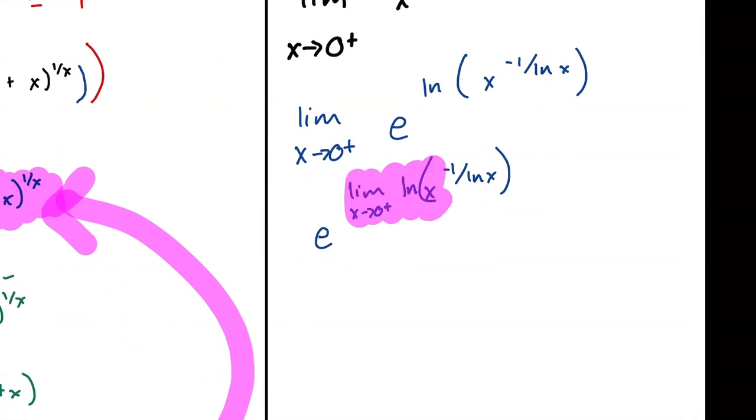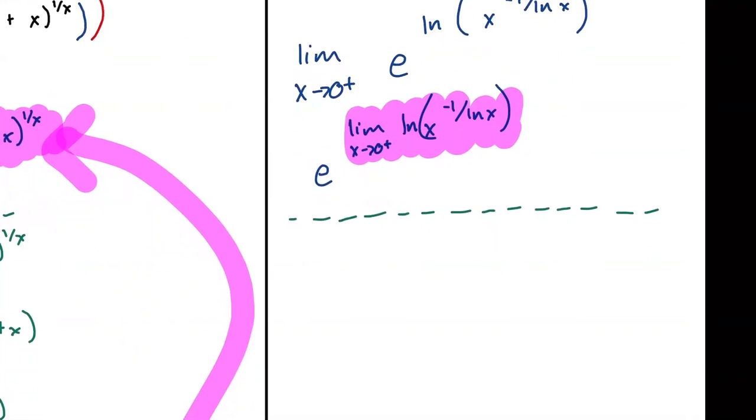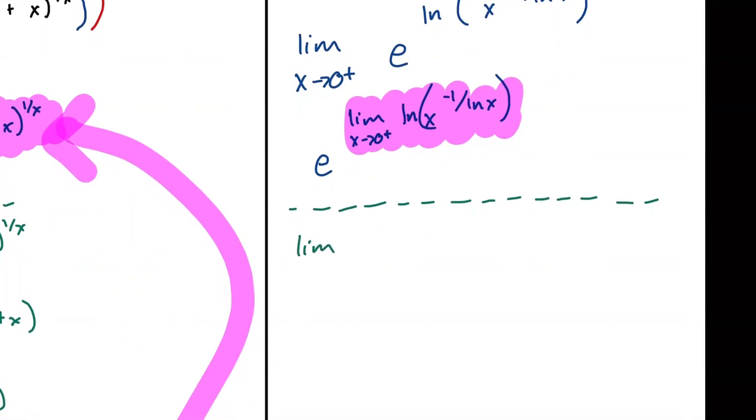So we're going to just focus on this subproblem just like before. I'm going to do it in green. That's not green, that is blue. So let's do it in green. And we have the limit as x approaches 0 from the right of ln of x to the -1 over ln of x.